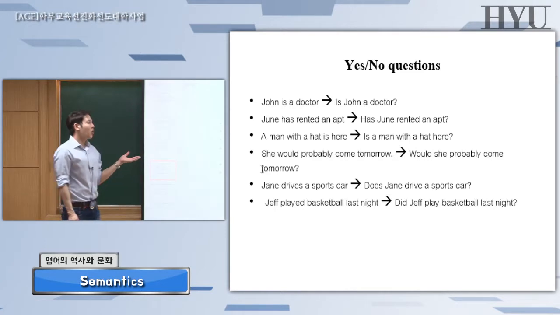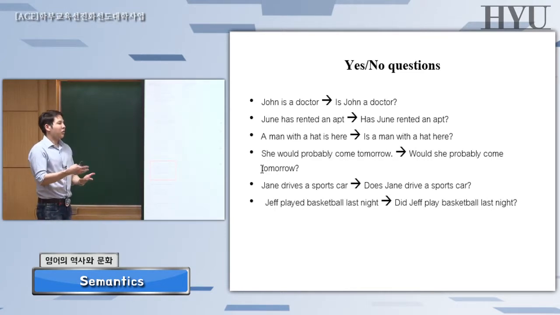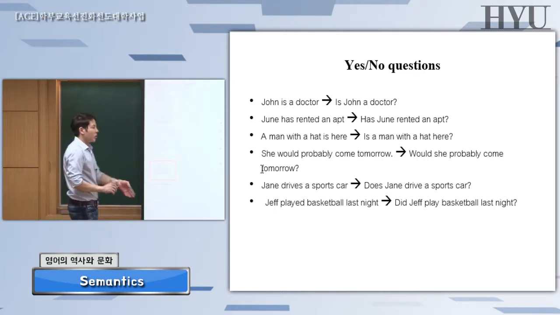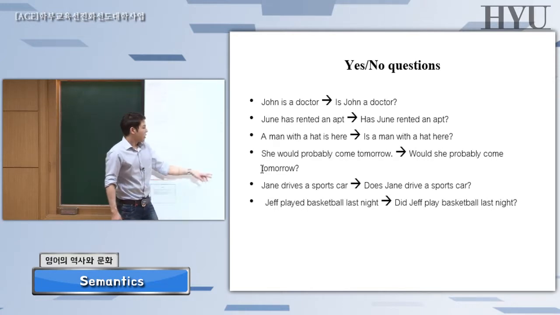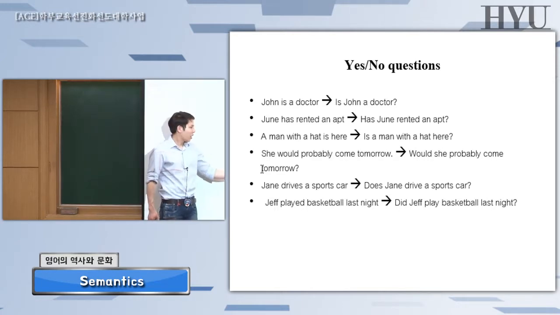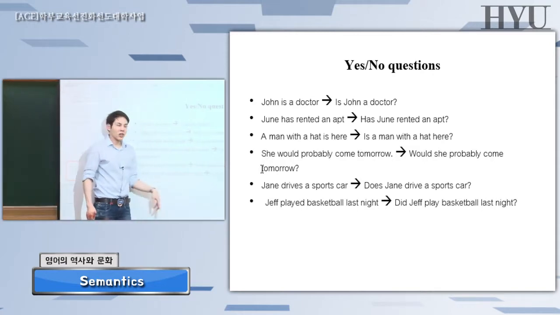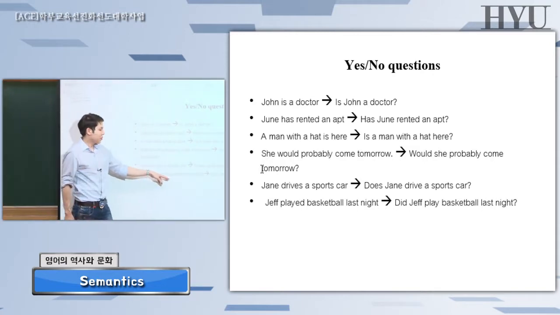What if there's no is, am, or are, and there's no modal? You have to do like examples 5 and 6. Jane drives a sports car. Does Jane drive a sports car? Jeff played basketball last night.